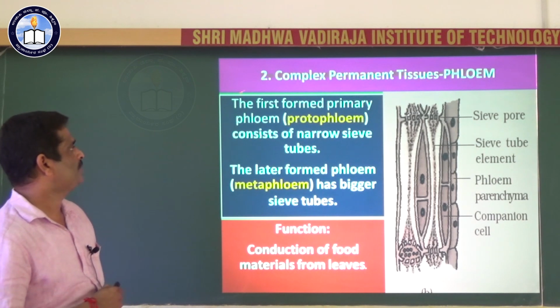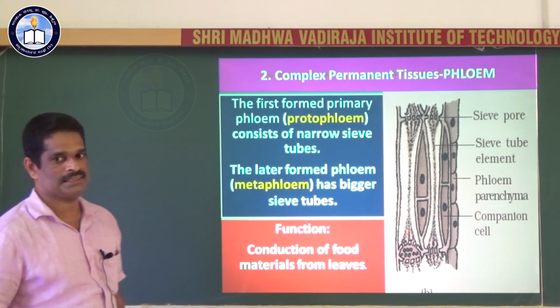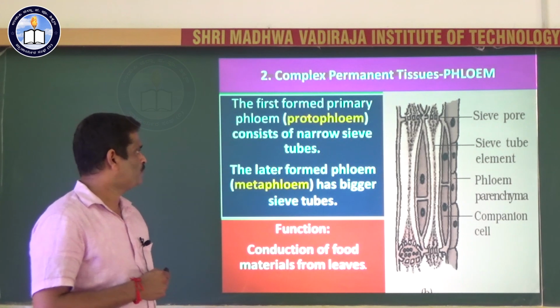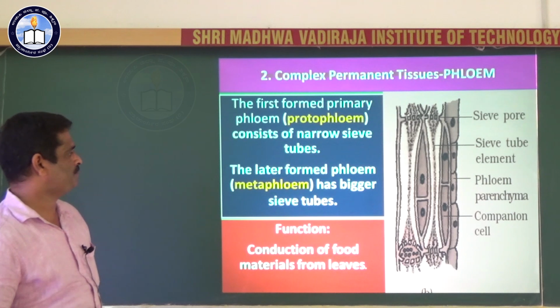What is protophloem? The first formed primary phloem, which consists of narrow sieve tubes, is called protophloem. What is metaphloem?